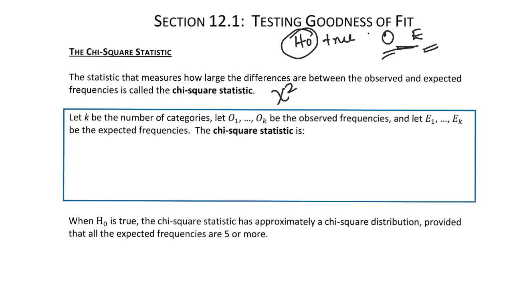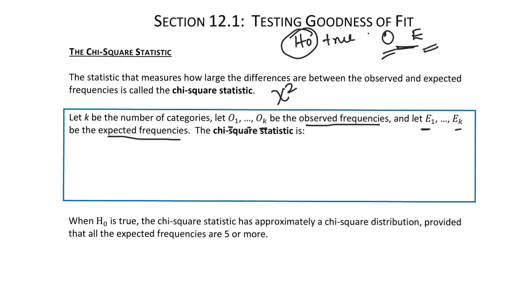Let k be the number of categories, O1, O2, O3, up to Ok be the observed frequencies, and E1, E2, E3, up to Ek be the expected frequencies.